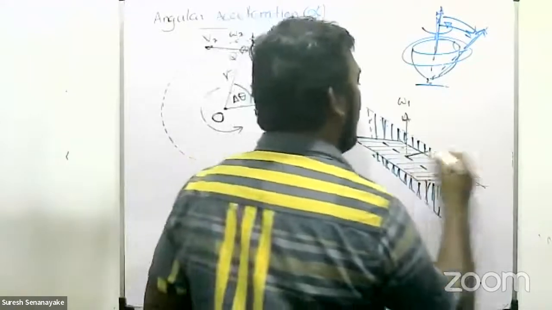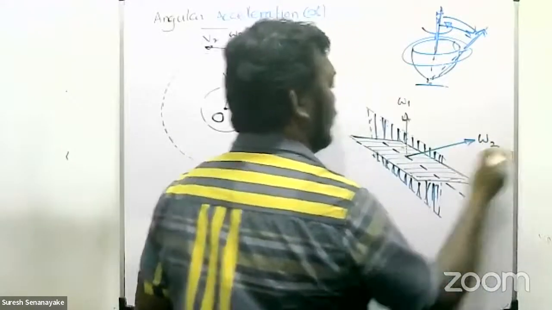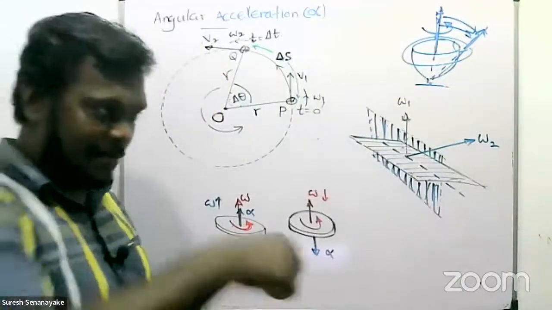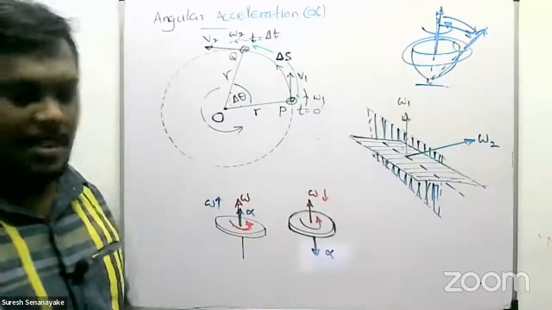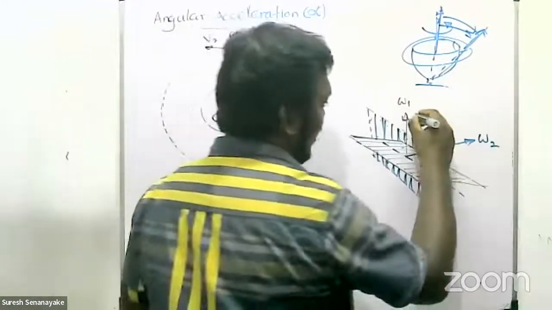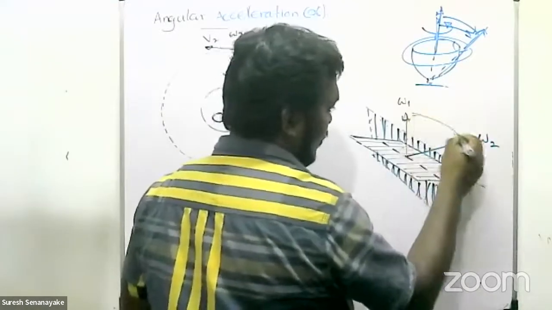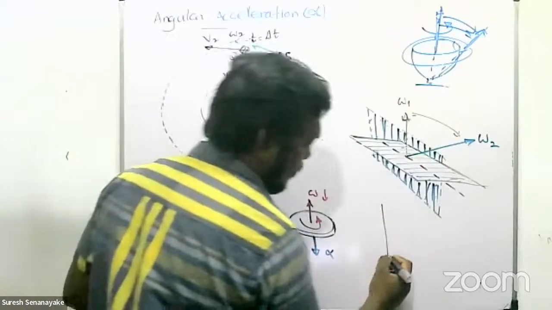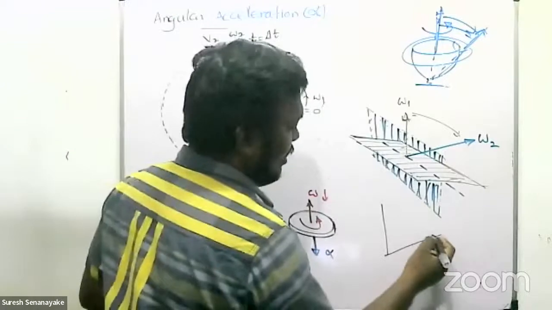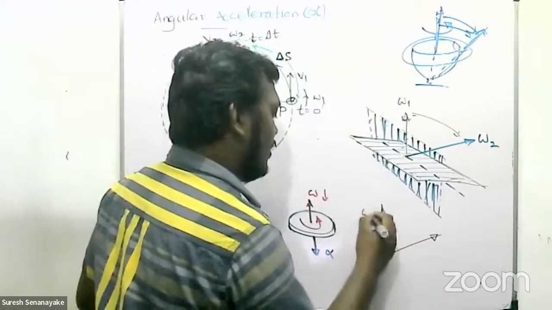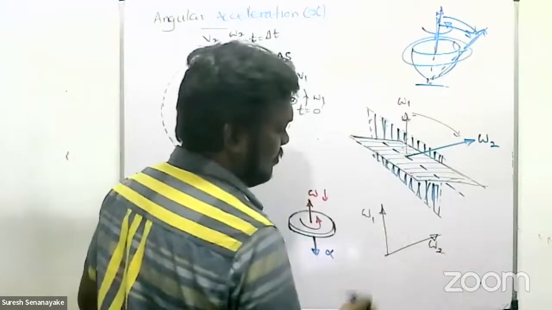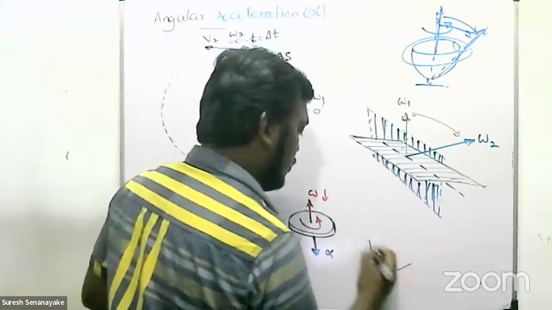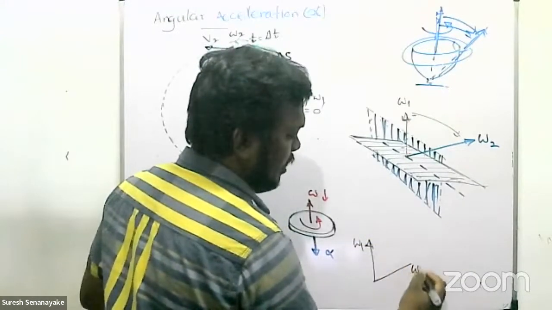In that direction, is it omega 2? These two rotating like this, so now the angular velocity is changed. In the vector diagram you can draw it, assuming it's 90 degrees, though it differs by a small angle. Omega 1 and omega 2 are vectors, so you can draw the parallelogram rule. This is omega 1 and this is omega 2.